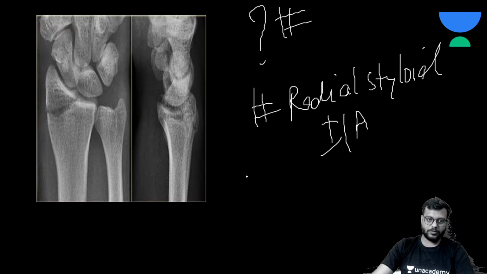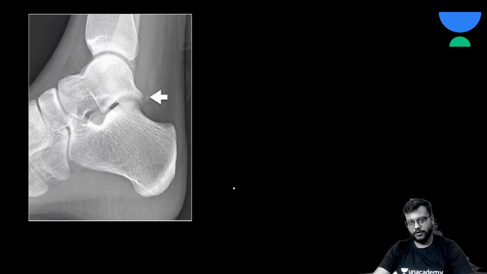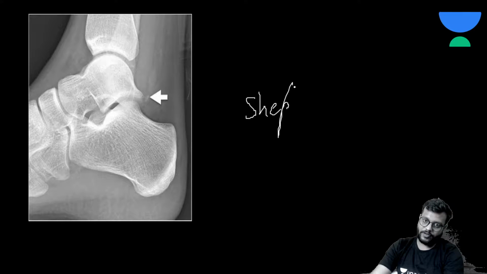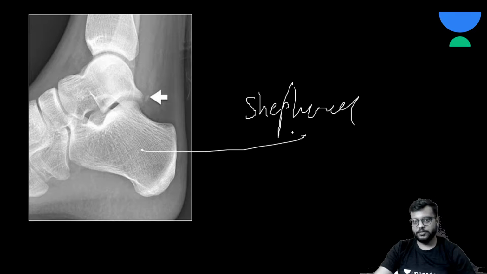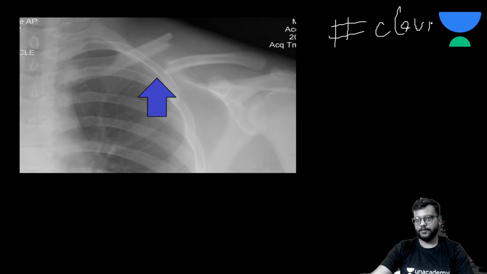This is also called as Scaphoid's fracture. Okay, this is fracture of talus.